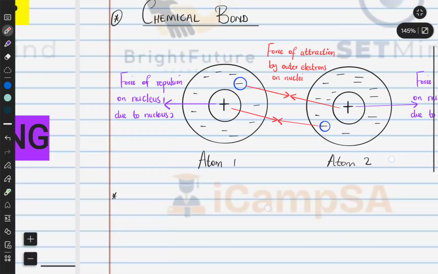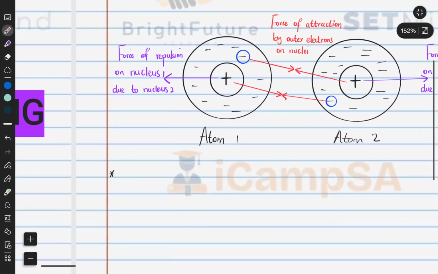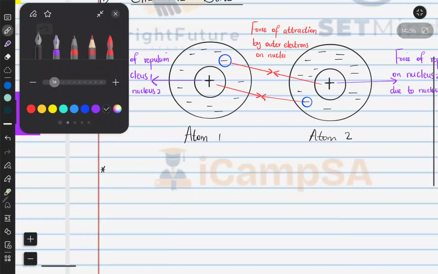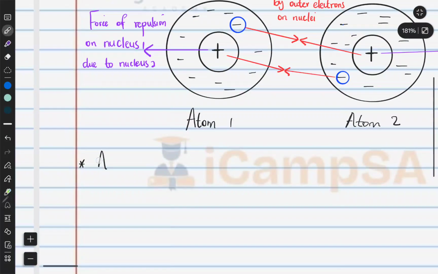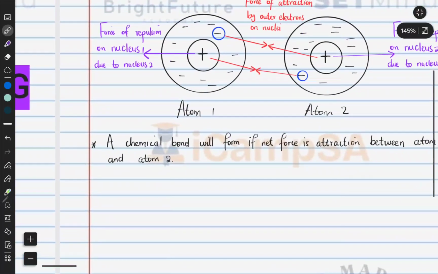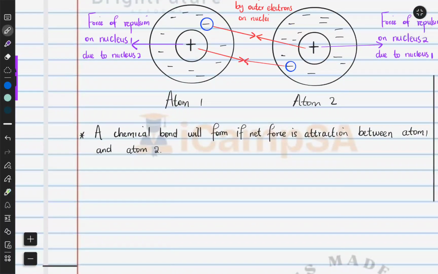Right, so now we can define our chemical bond. But remember, we said it forms, let me just note it here. A chemical bond will form if the net force is attraction between atom 1 and atom 2. So remember, atom 1 can be any atom.